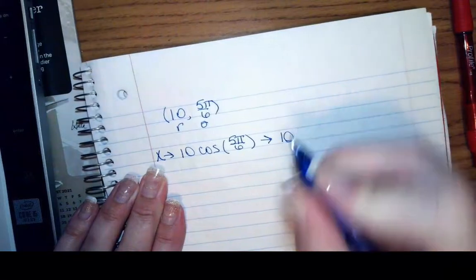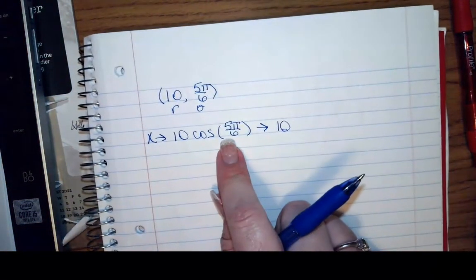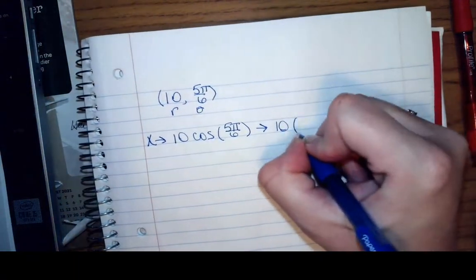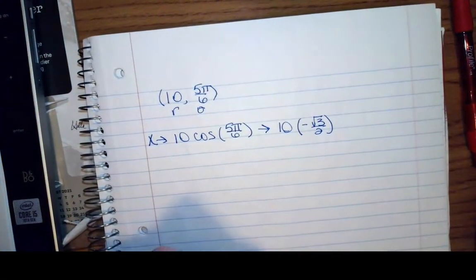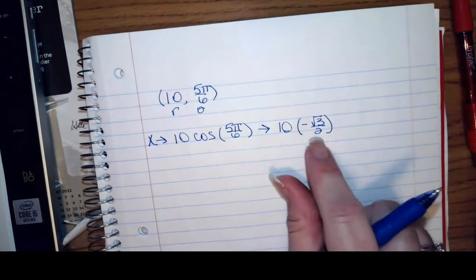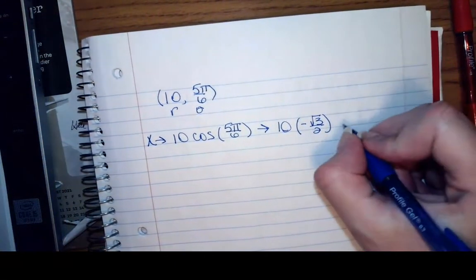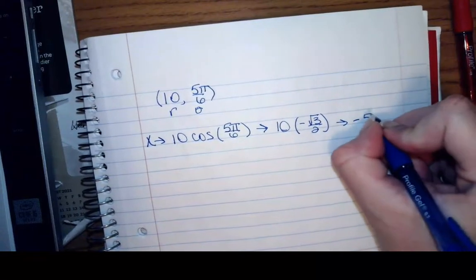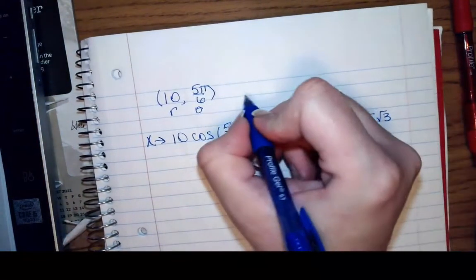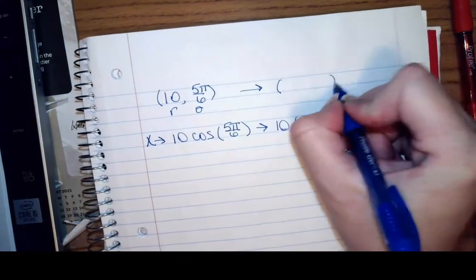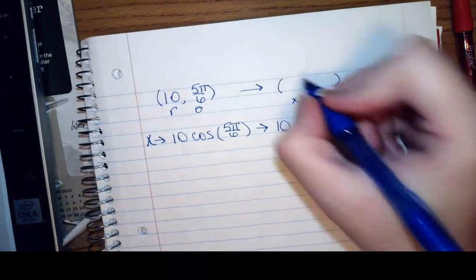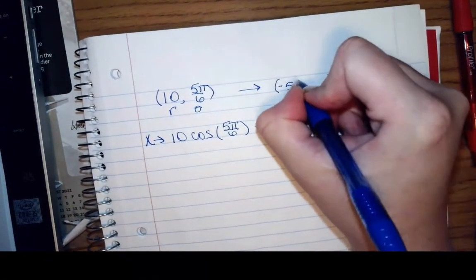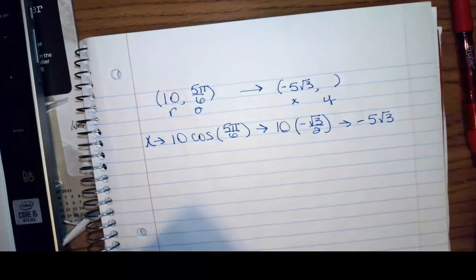So I get 10 times, what's the cosine of 5π/6? It is negative √3/2. So 10 times negative √3/2 is going to give me negative 5√3. So in rectangular coordinates, my x is negative 5√3.